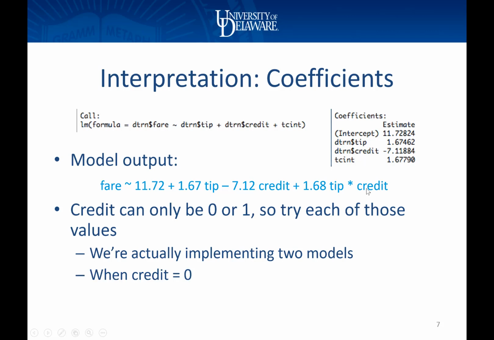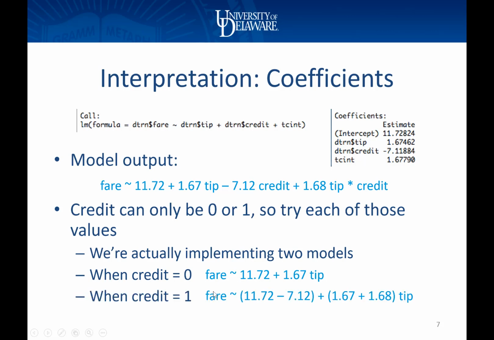So if you consider credit equals 0, you're actually getting fares predicted by the intercept plus only 1.67 times tip, because this would disappear if credit is 0, and this would disappear if credit is 0. Now let's consider when credit equals 1. We'll still have the intercept 11.72, and over here credit will be 1, so we'll be left with just the number -7.12.